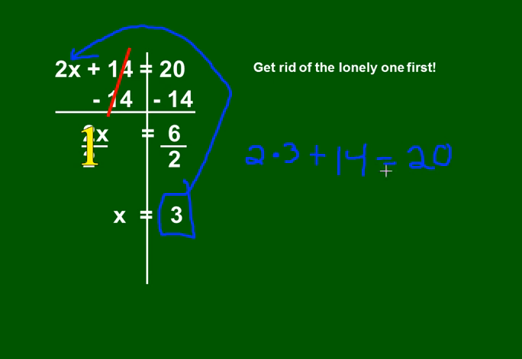I would do the math on the left side of the equation. 2 times 3 plus 14, you could plug that in your calculator and you would find that it equals 20. So I get 20 equals 20. Since both sides equal the same thing, then I feel confident that I solved this equation correctly and that 3 is the answer for x.